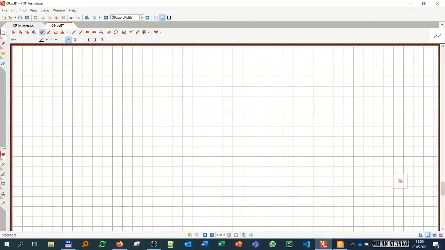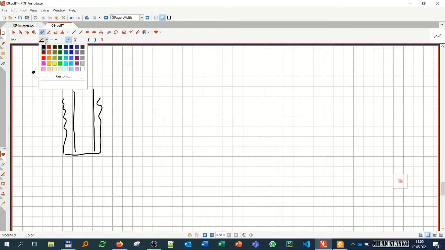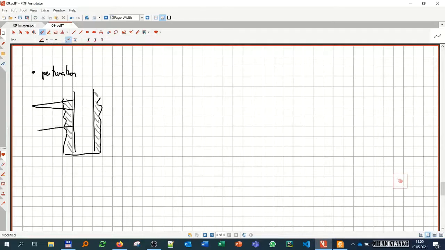You have also perforation. Remember we sometimes drill the well, we set a pipe, the production casing, then we cement it. Then we lower a gun, and we make holes, these perforations, to get access from the inside of this production casing to the formation.